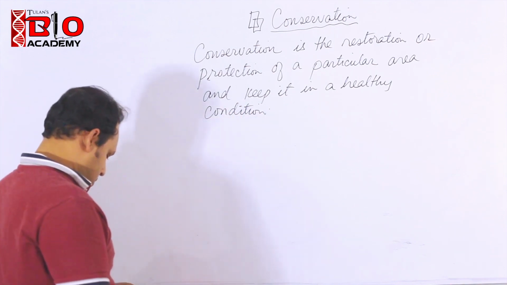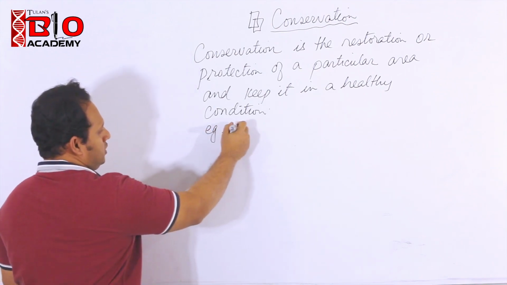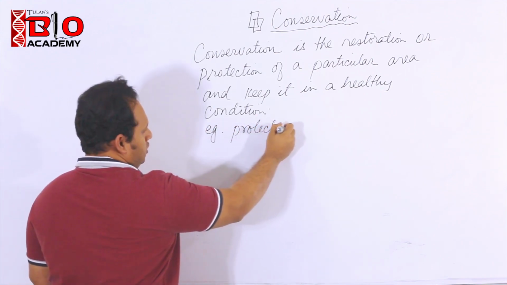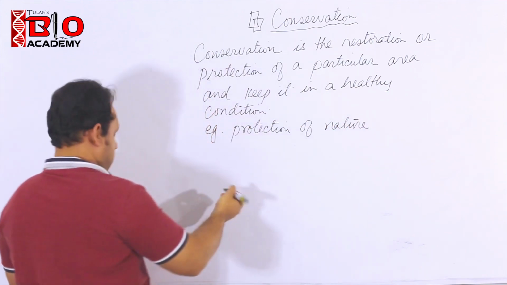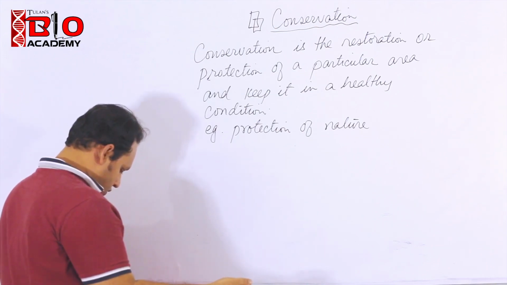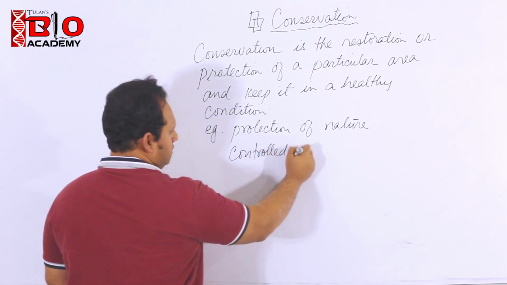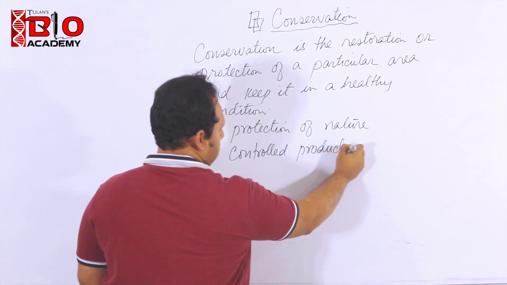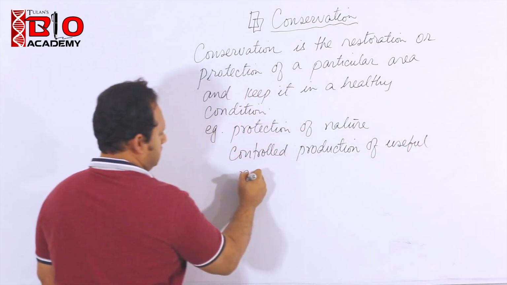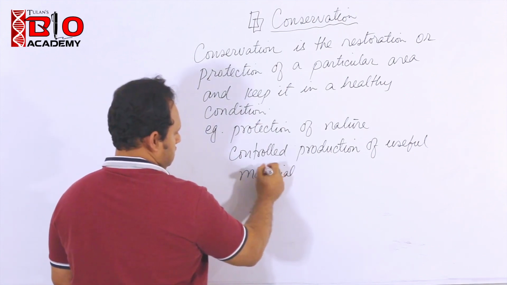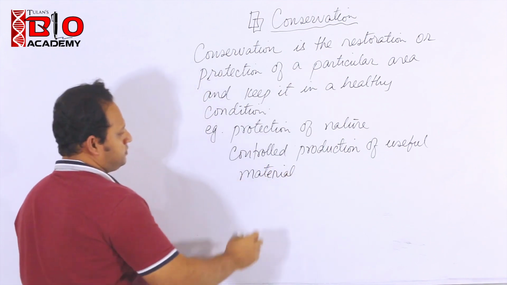So the protection of, for example, nature. Then you have controlled production of useful material.